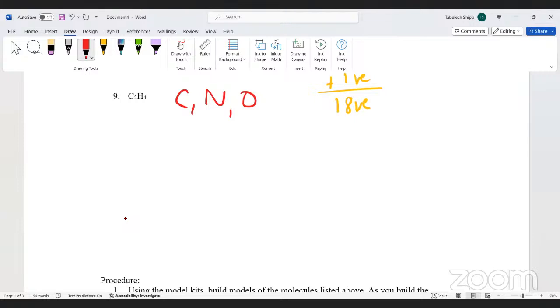Now, again, we've got nitrogen and we have oxygen. So nitrogen is going to go right there in the middle with 5. That's 1, 2, 3, 4, 5. It really doesn't matter how you put them, but you don't want to do this: you don't want to say 1, 2, 3 like that.